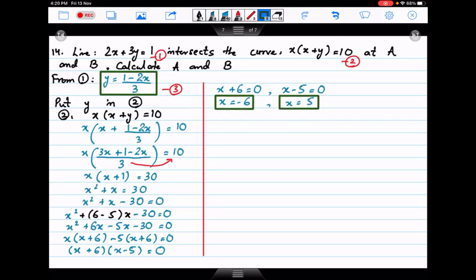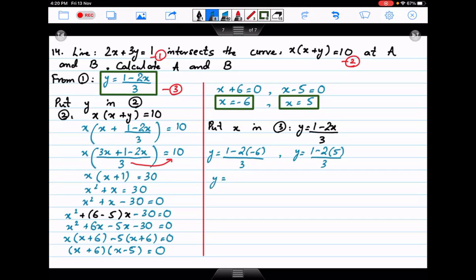So obviously we will be getting two values of y as well. Now we have to put this x in equation 3. So equation 3 is y is equals to 1 minus 2x whole divided by 3. So first of all, we will put x equals to minus 6, and then we will put x equals to 5.